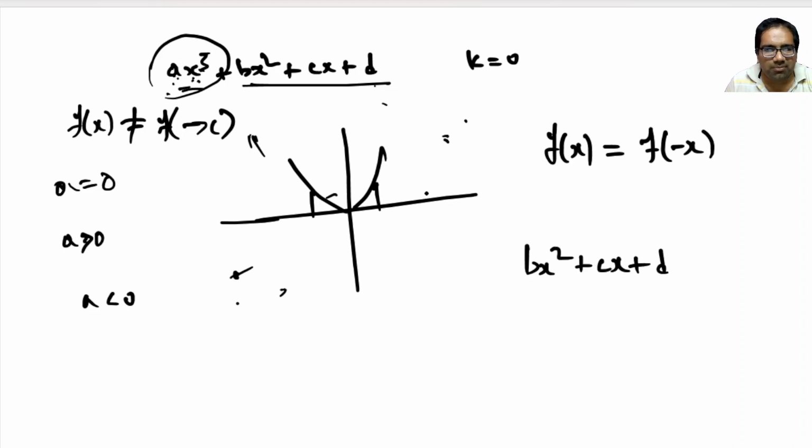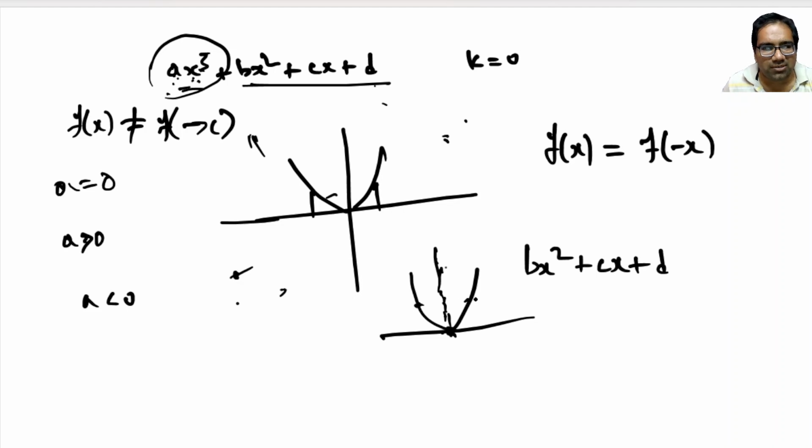Okay, this is a parabola, a regular parabola. It can be symmetric about some line. What is that line? That line, whatever the line, is the vertical line which is passing through the vertex of this parabola. With respect to that line, this parabola is always symmetric.